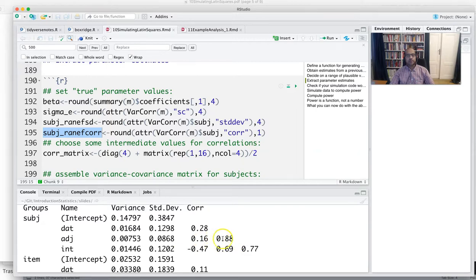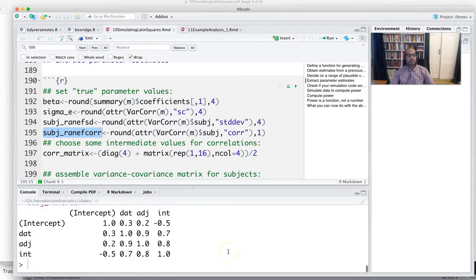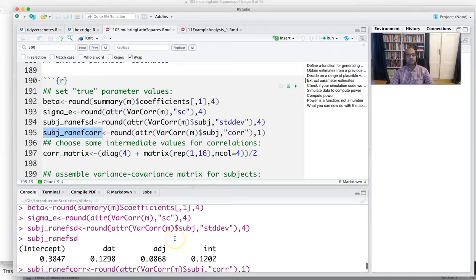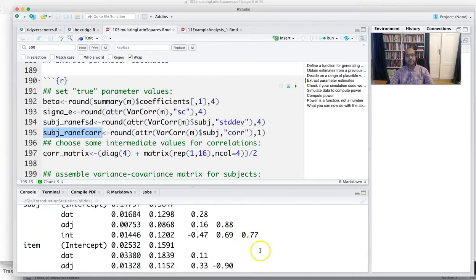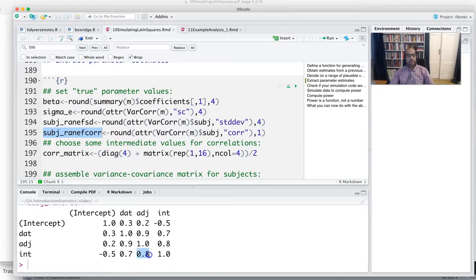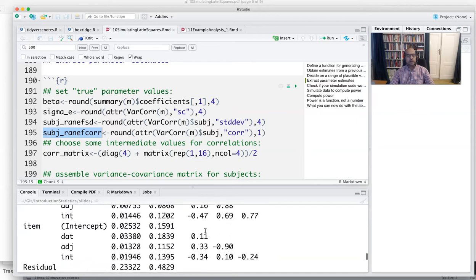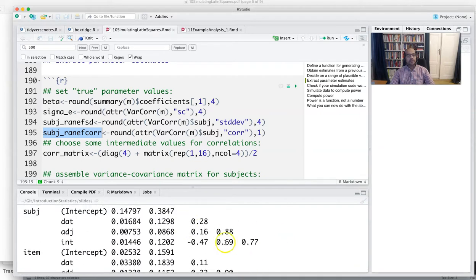Then the second column will be 0.9 and 0.7, and the last column will be 0.8, right? And there it is, 0.8. So this lower diagonal is what is being represented in the output of the linear mixed model random effects here, okay? And so we've extracted that as a matrix, okay?